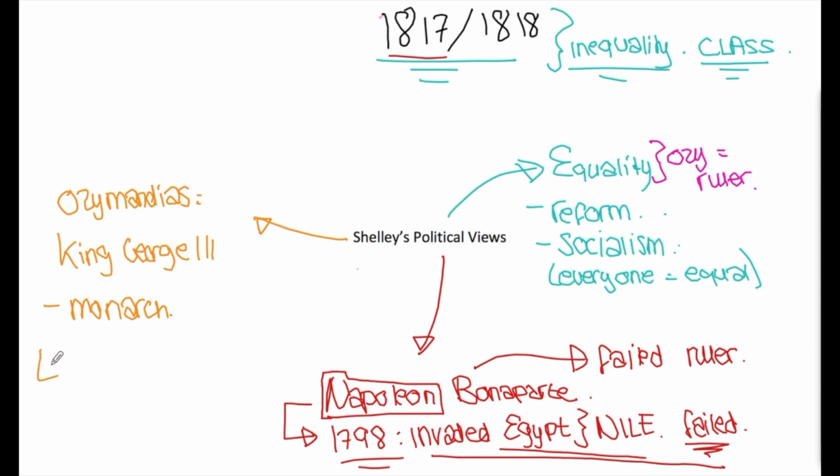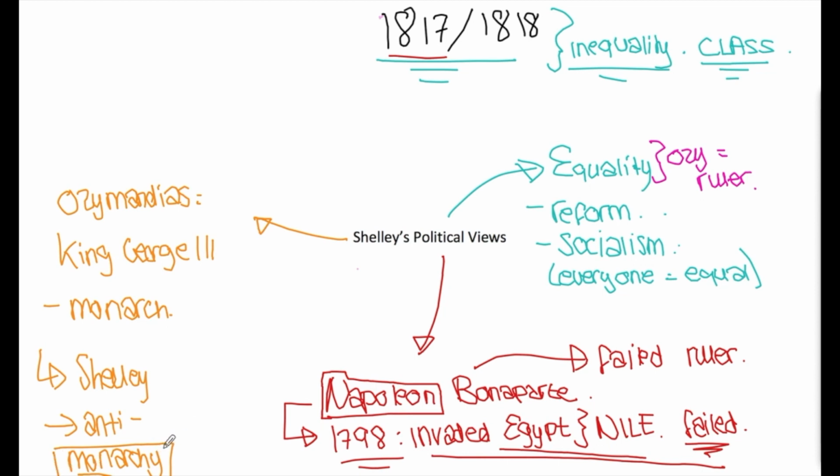And as we mentioned in the video before, Shelley was very anti-monarchy, or rather, he was anti-class and class dictatorship, and anti one group of people having all the money and all the power.